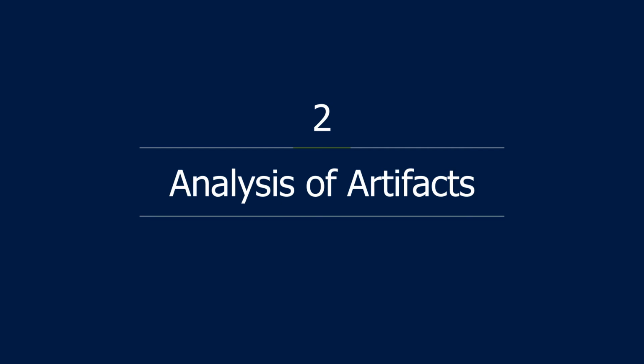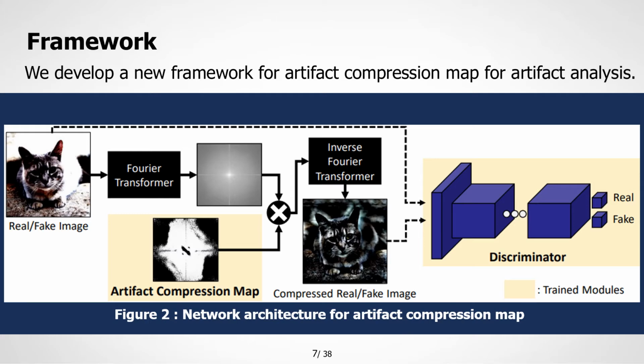Up next is the analysis of artifacts. First, we analyze the artifact compression map, which compresses the artifacts in the frequency domain to allow adversarial training of the discriminator. Figure 2 illustrates the training process of the artifact compression map. First, the input image is transformed into the frequency spectrum by 2D Fourier transform, and then shifted to obtain the magnitude spectrum map.